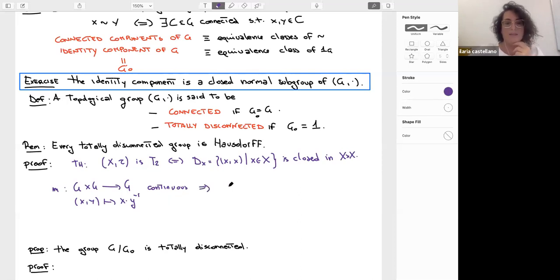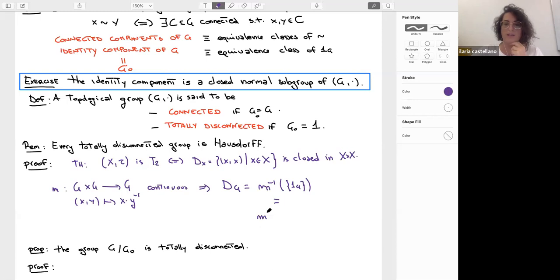This means that the diagonal of G is nothing but the preimage of the trivial element. But the group is totally disconnected.